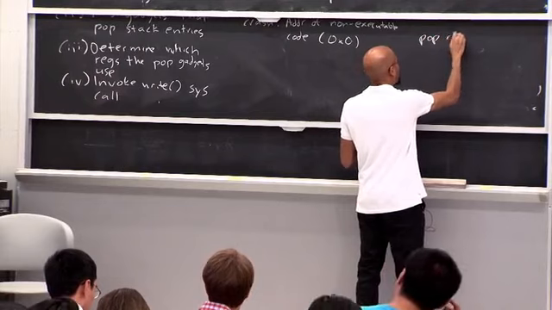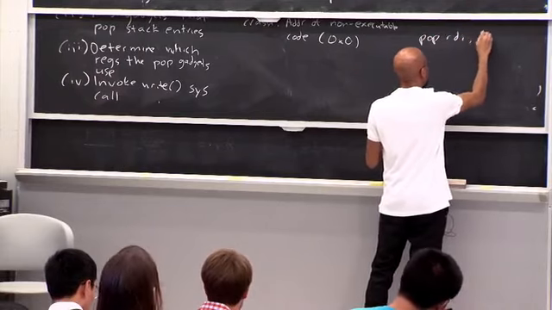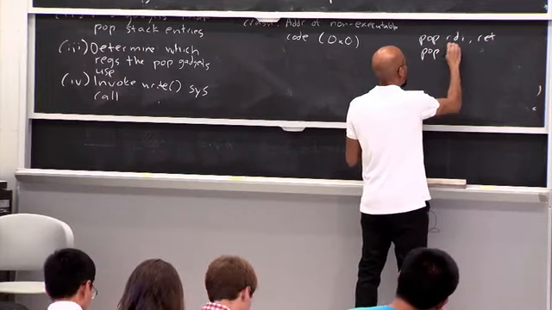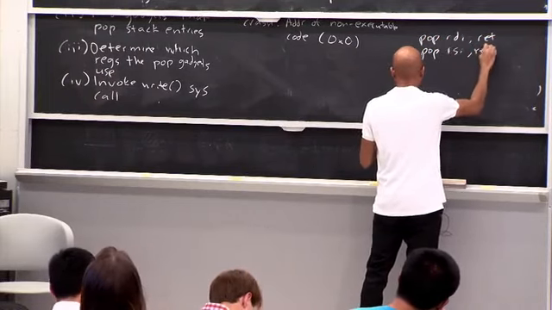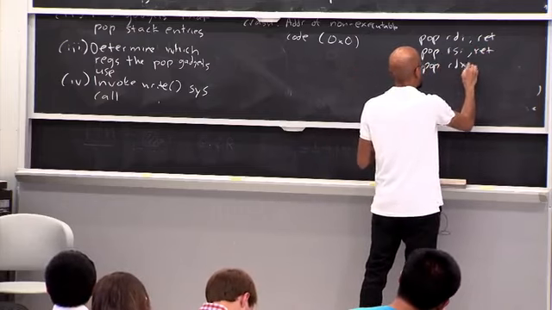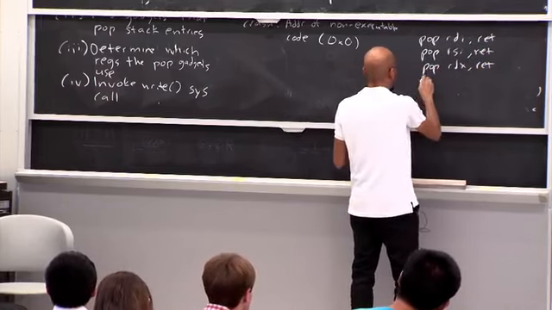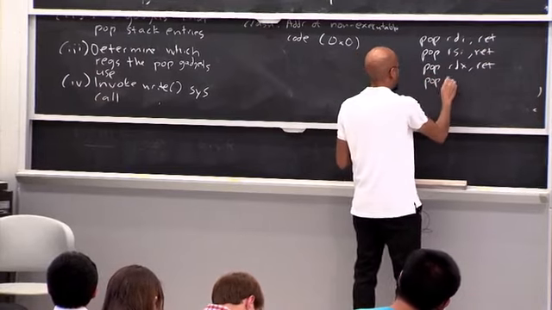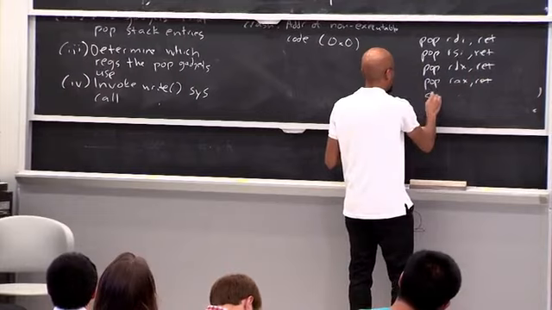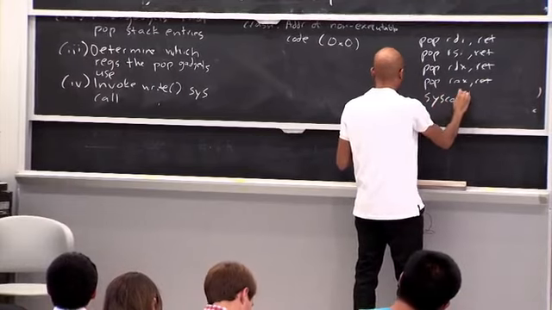We need to be able to pop RDI. We need to be able to pop RSI. We need to be able to pop RDX. Pop RAX, and then invoke syscall. Right?